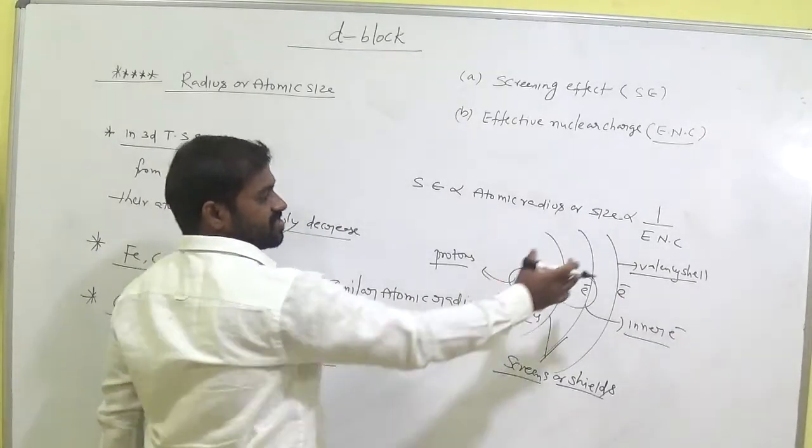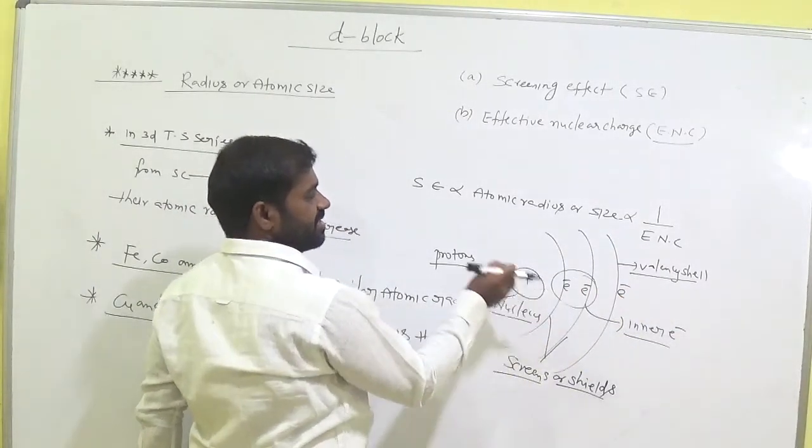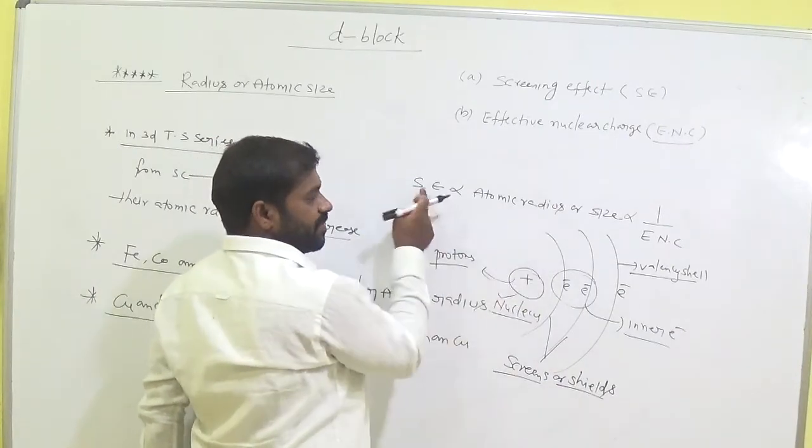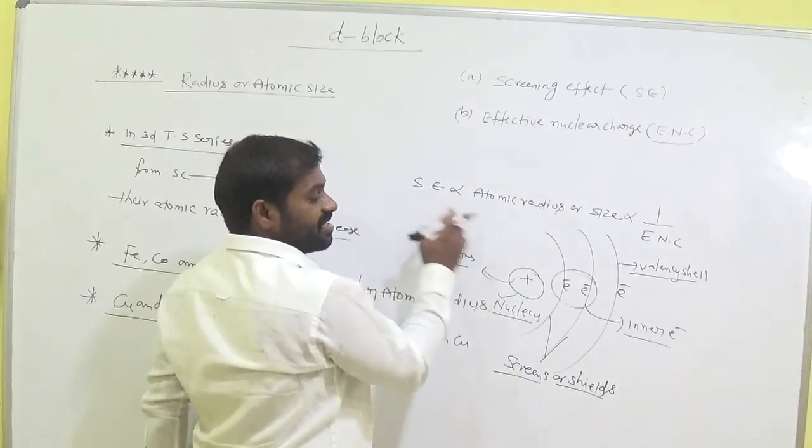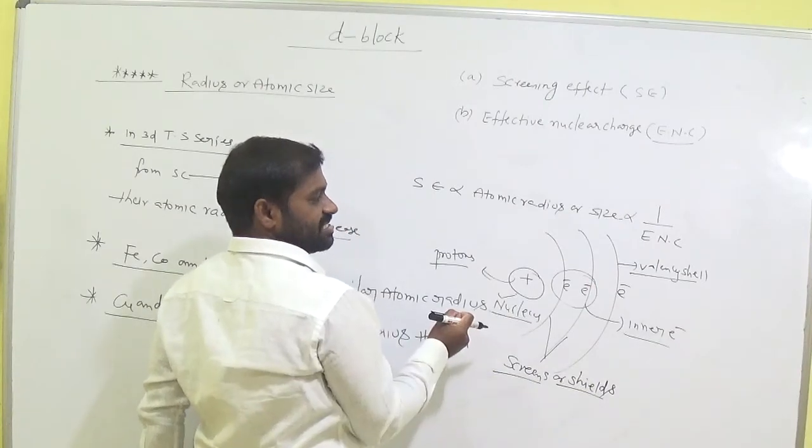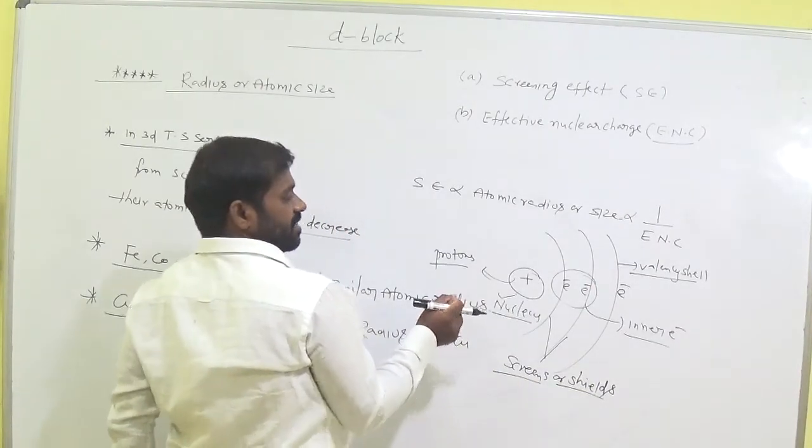So strong effective nuclear charge means, inversely proportional, weak shielding effect. Strong attraction means size decreases. Keep that in your mind.